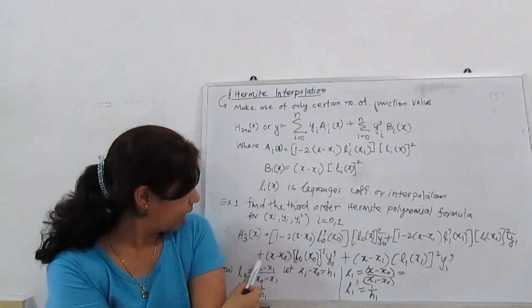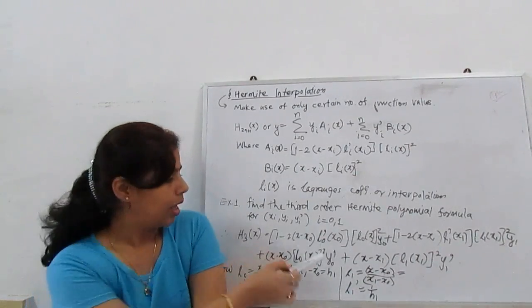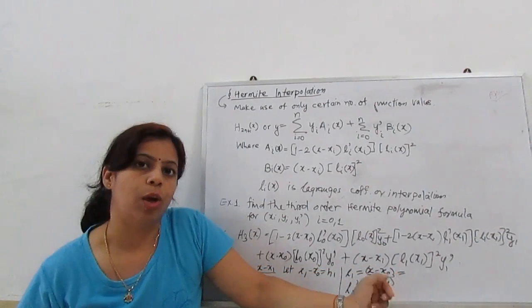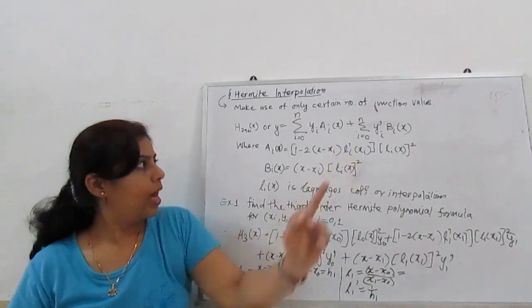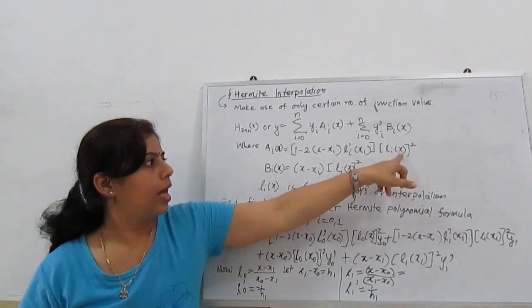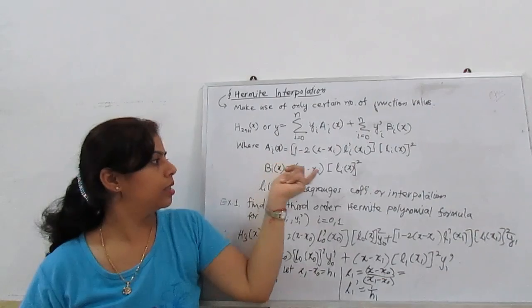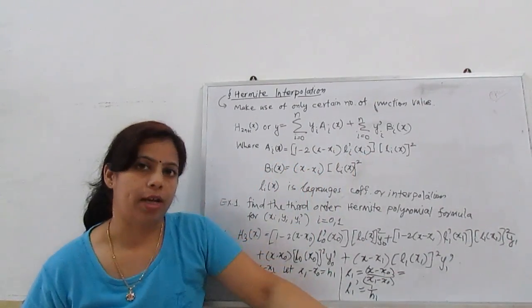So L0 is (x minus x1) over (x0 minus x1), L1 is (x minus x0) over (x1 minus x0), and so on. Then L2, L3, L4, and L dash means the derivative of that Lagrange's coefficient, then Li(x) whole square. Similarly our second term Bi(x) is given by (x minus xi) times Li(x) squared.